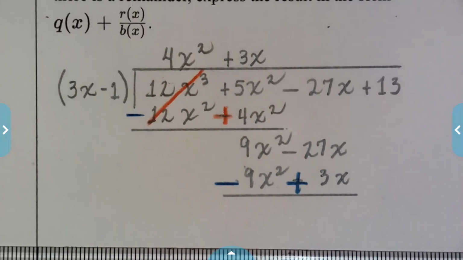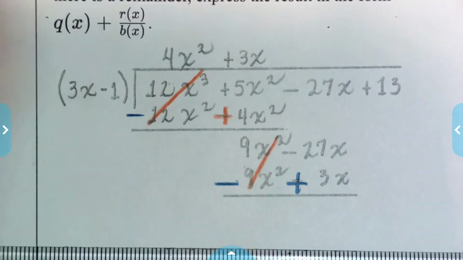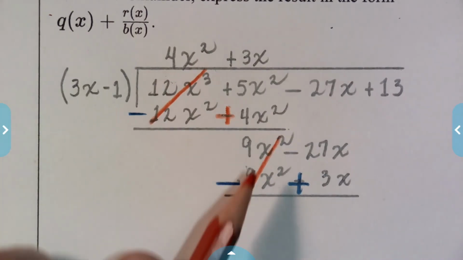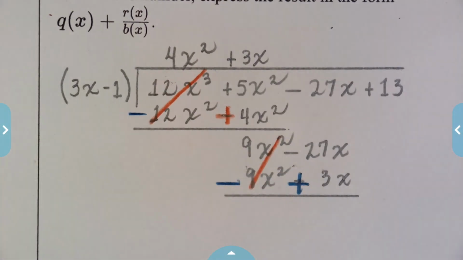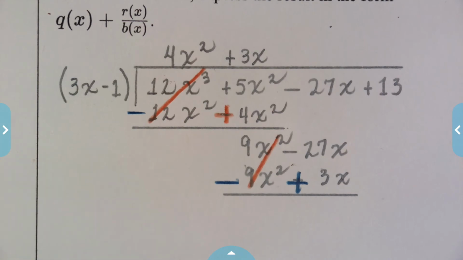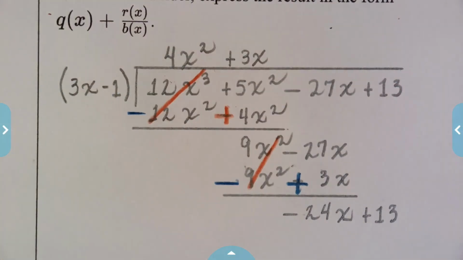Okay. That cancels. And now I have negative 27x plus 3x, so negative 24x plus 13. You can tell when they threw this 13 on there that you were never going to get anything.